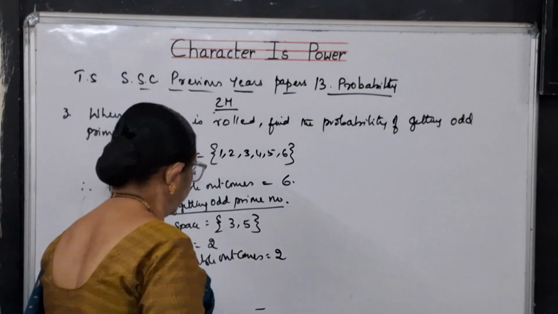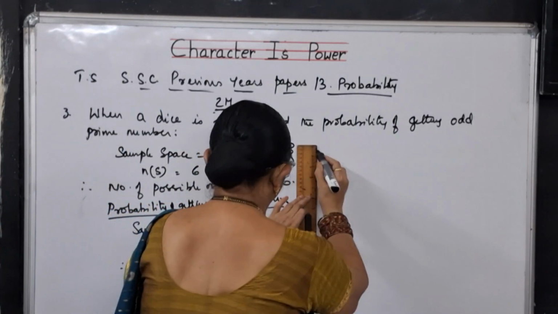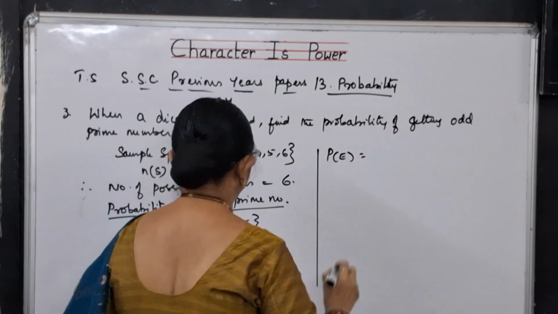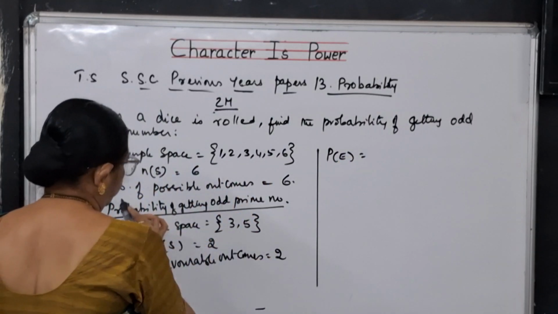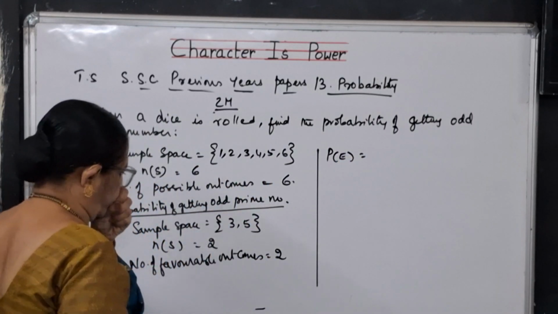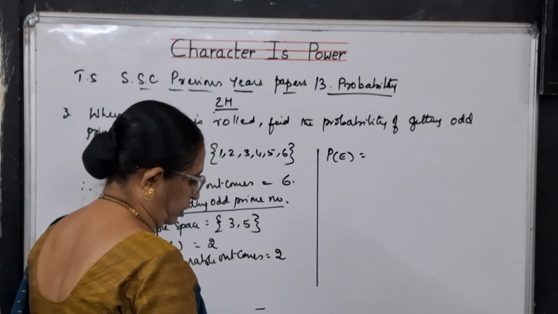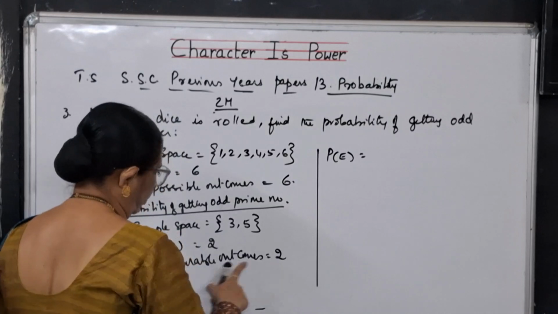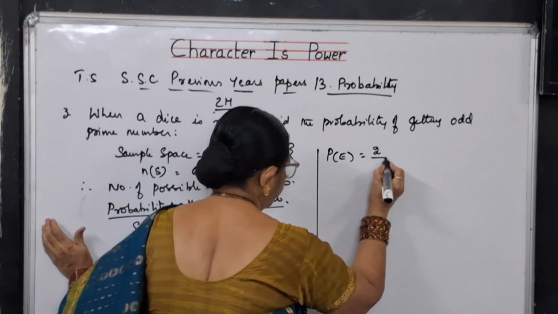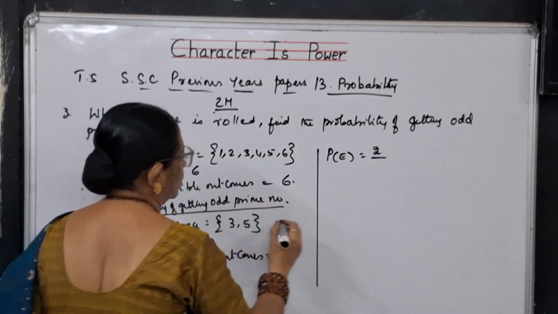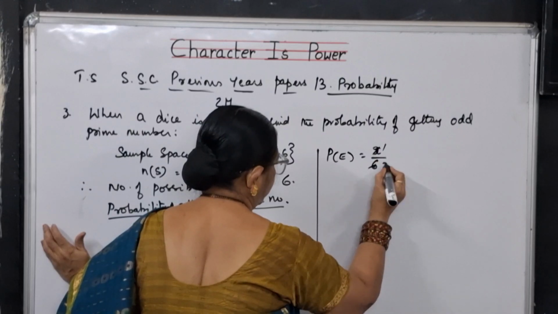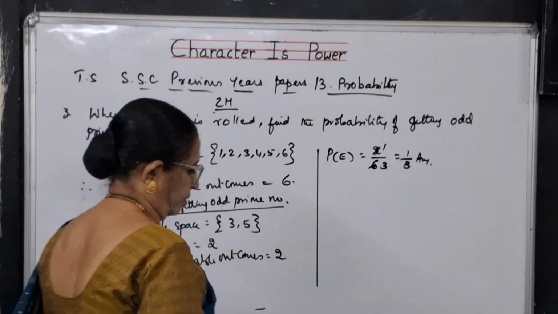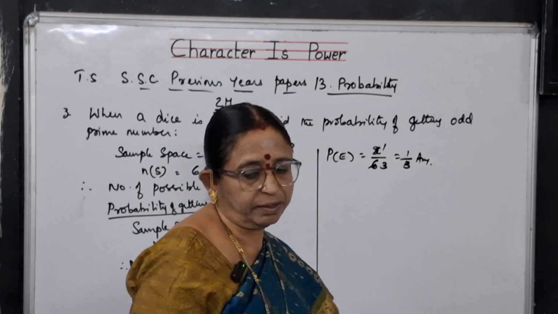So when you have number of favorable outcomes as 2, probability of the event is number of favorable outcomes by number of possible outcomes. Number of favorable outcomes are 2 by number of possible outcomes are 6. That is 1 by 3. 1 by 3 is the answer. Please write down. This is the third problem.